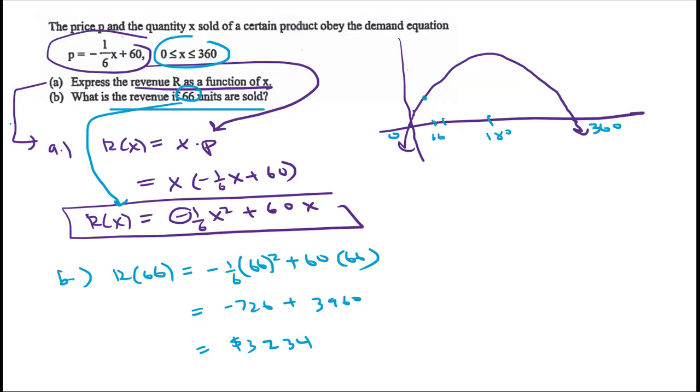So this is your R of x, and this is your x. If x is 66, what's this value here? What's the profit or revenue? It's going to be $3,234. That's where that's coming from. Okay, hopefully that was helpful.